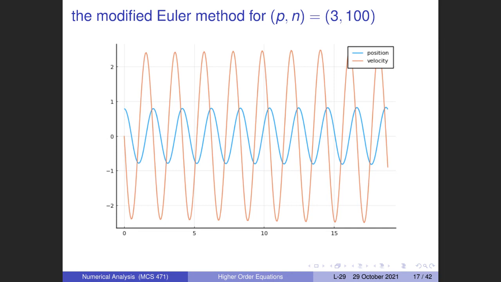We have the position and the velocity. I said 3 cycles, but you see that it actually runs a lot faster. But it is a quite plausible and correct model.